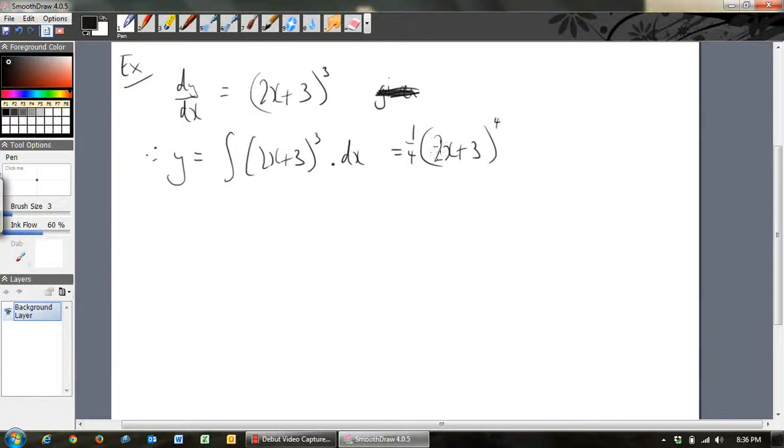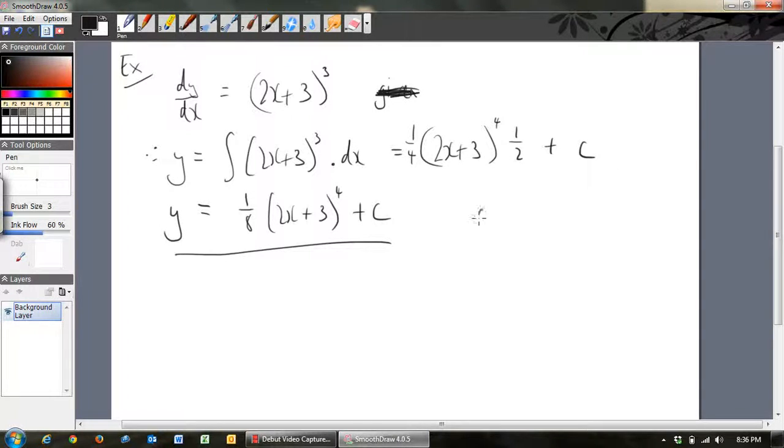And you also need to divide by the 2 in here, so I'll just put a half out the front there, plus c. So that's equal to, I'll just clean that up a bit, 1/8 (2x plus 3) to the power 4 plus c. So y equals that, and that is your general solution. We've got the c there, it's a general solution, and we can't find out c, we haven't been given another point.